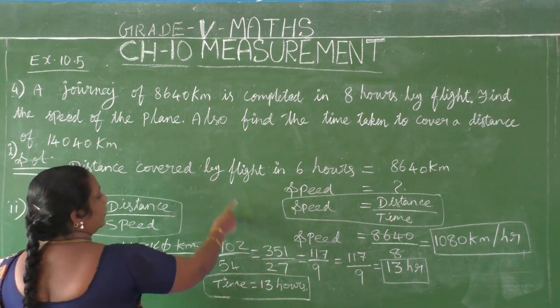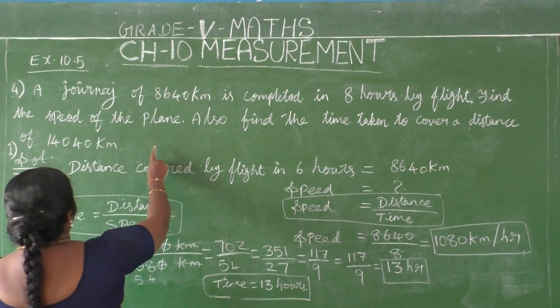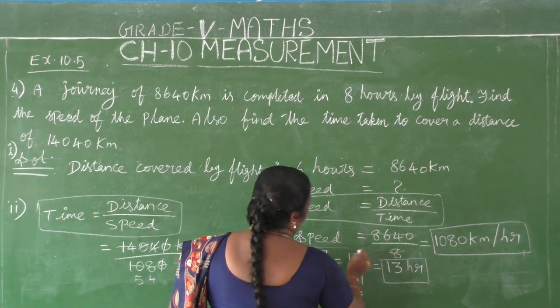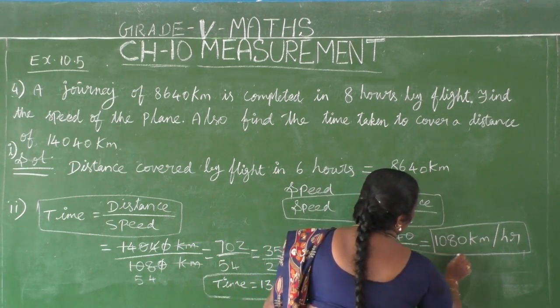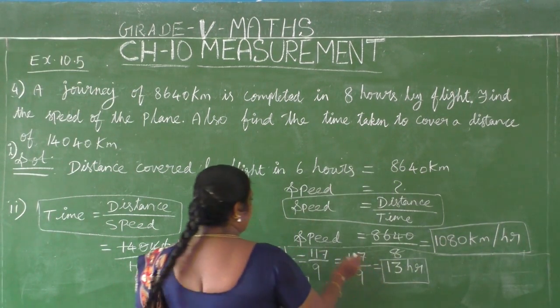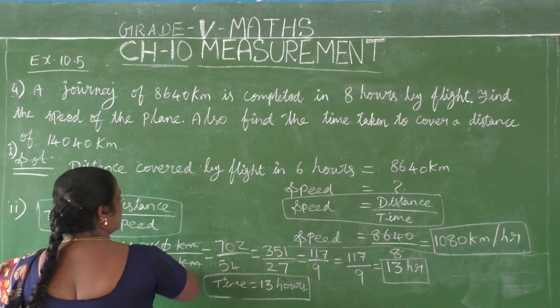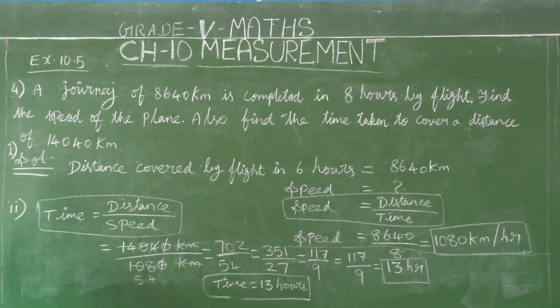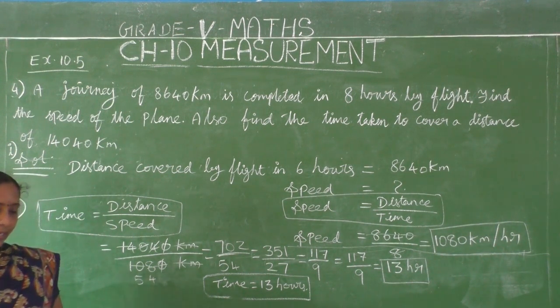So you have tried one by one; for the first question, the answer up to this was the speed. We found out the speed for the first question. Then this is the second one. Copy the question with answer in your class note. We go to the next one.